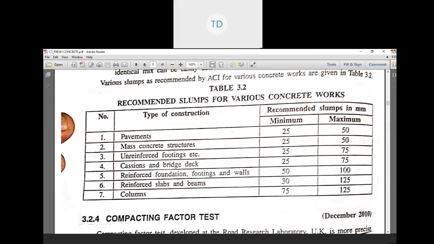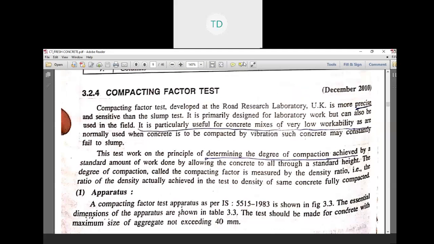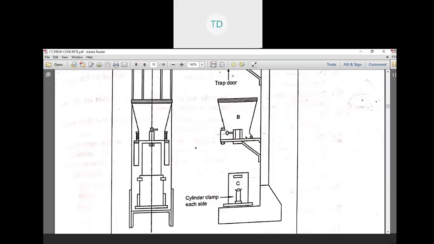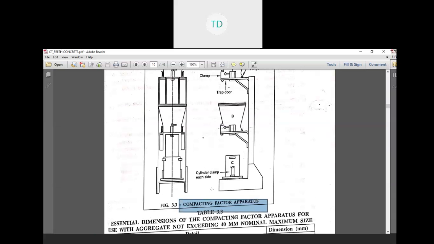These are some of the measures available in IS. The other one is the compaction factor test. Second one, compacting factor test. First, we are going to show the equipment of the compacting factor test, which is like this.